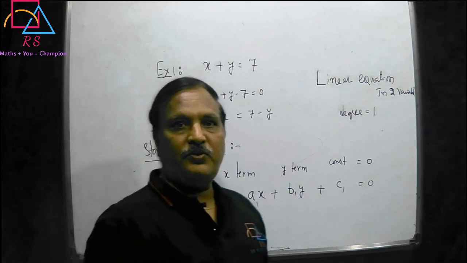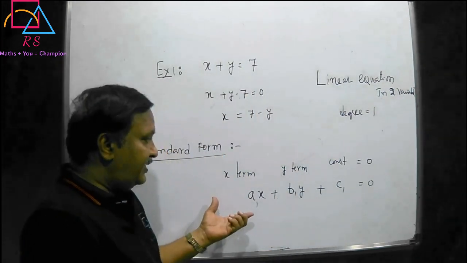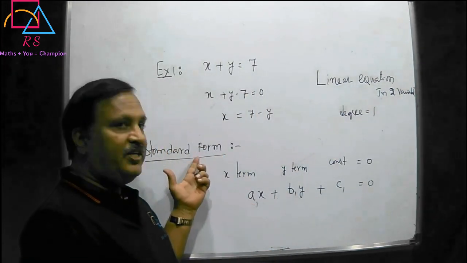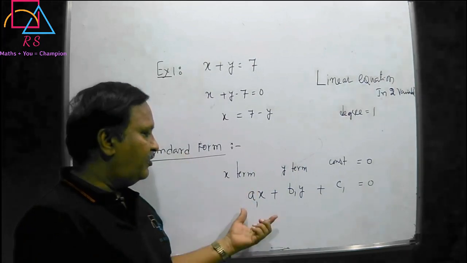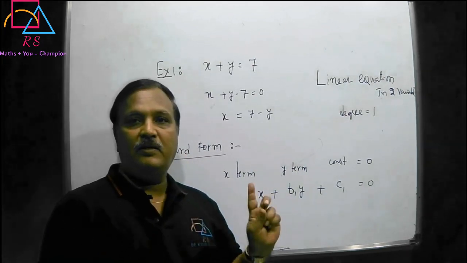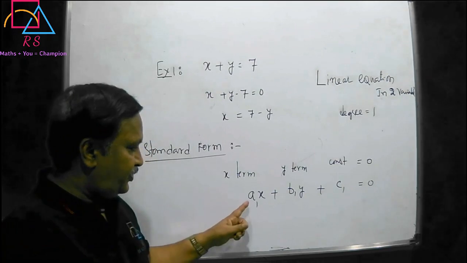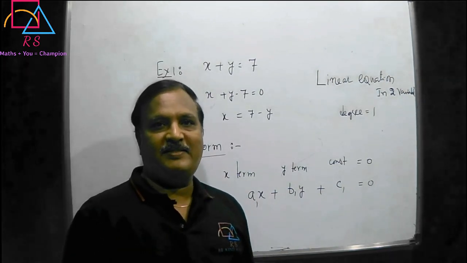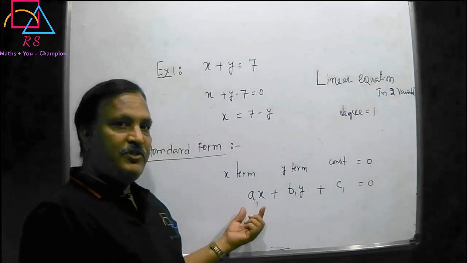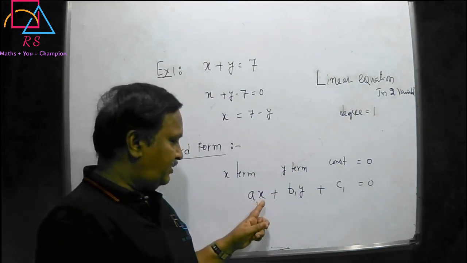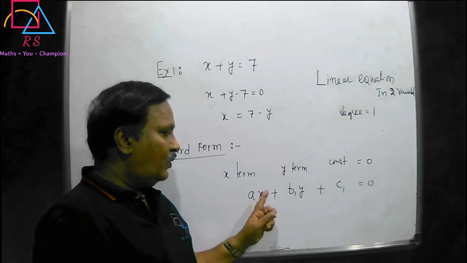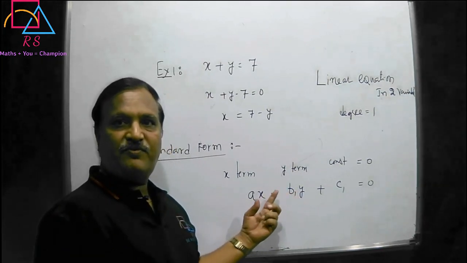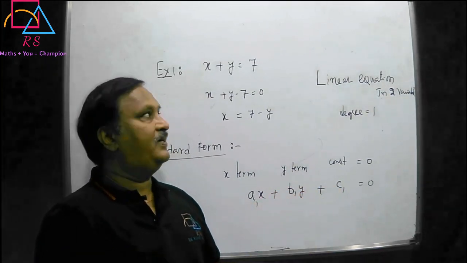This is the understanding of the general form, or standard form, of a linear equation in two variables. So, a1, b1, c1 are real numbers. Individually, what is a1? Coefficient of x. What is b1? Coefficient of y, and c1 is a constant.